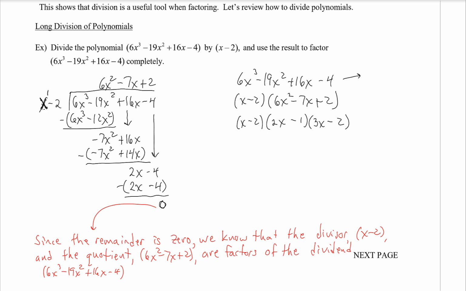So this is standard form, and this is factored form. So we consider this completely factored over the integers. I cannot write that in any factors that are a lower degree than what I've already got, and I'm using all integers. And I was able to do that using division.